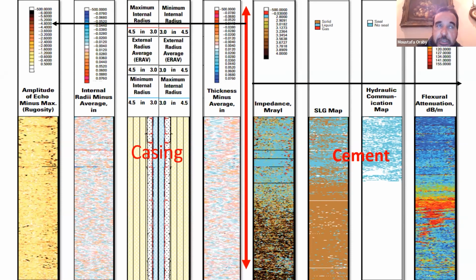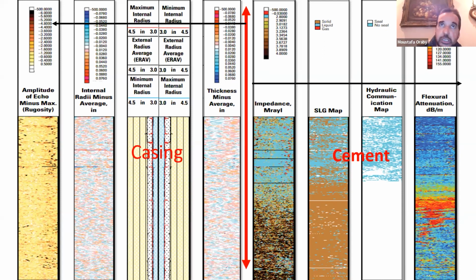What's the inner diameter of the casing? What's the outer diameter of the casing? What's the erosion that happened in the casing? In the cement, it will give you an image of the 360 degrees. You can look at the direction of the channel if there's any. Also, it looks at is there any gases, any liquid, any solids. So if there is gases in your cement, it will point this out, like the bubble of gases that you have, or if there's any liquid, like there is not really much of a cement in the zone, it will show you this.